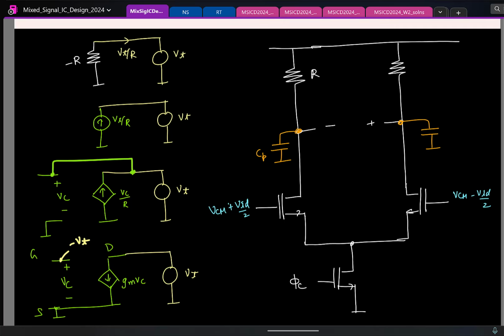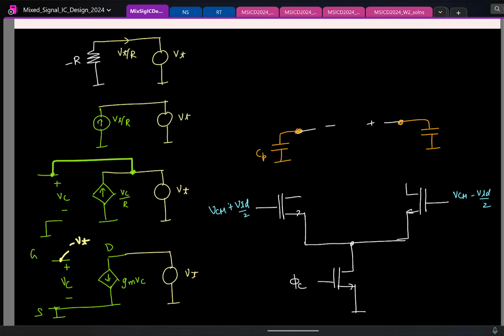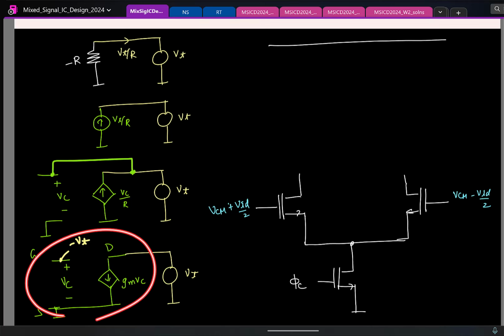So let's try to see what we can do here. I'll try to replace this resistor with a negative resistance. So I have to connect a MOS transistor here, okay. So what kind of transistor will I use?